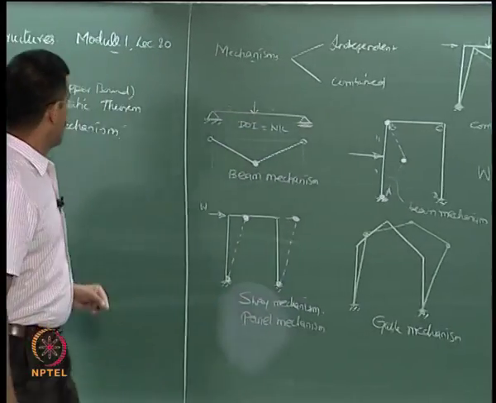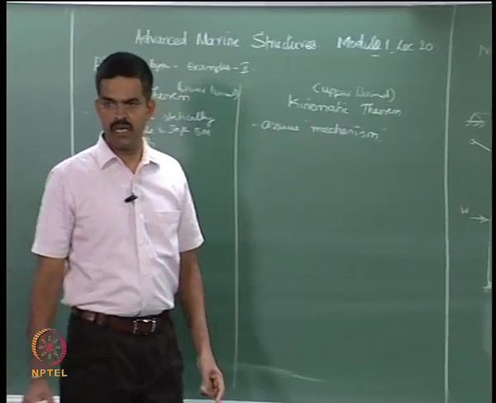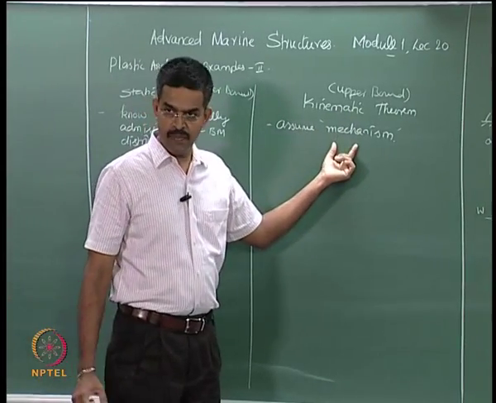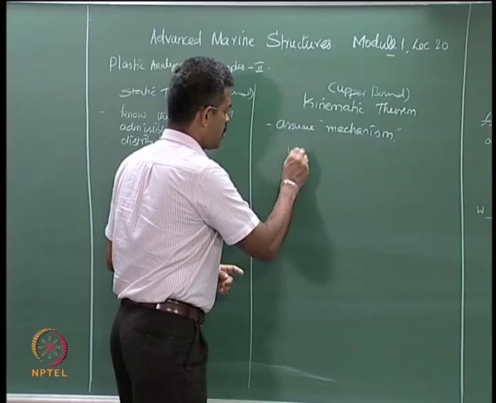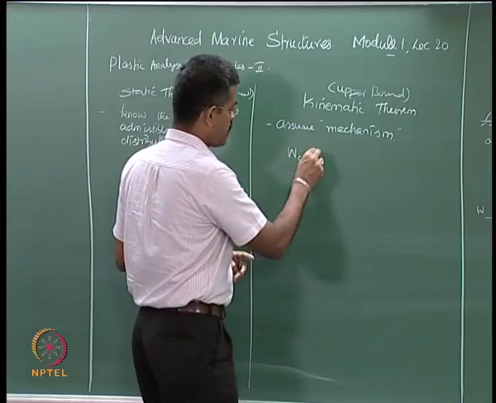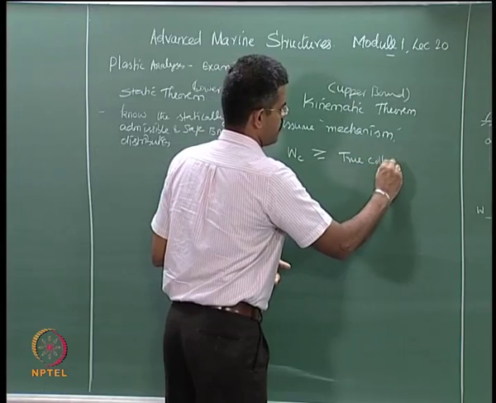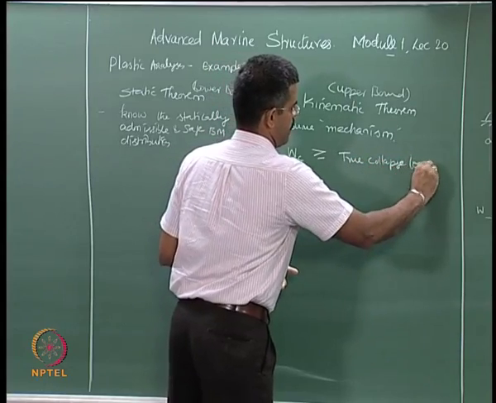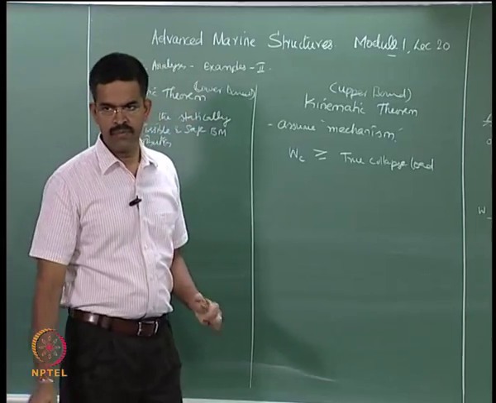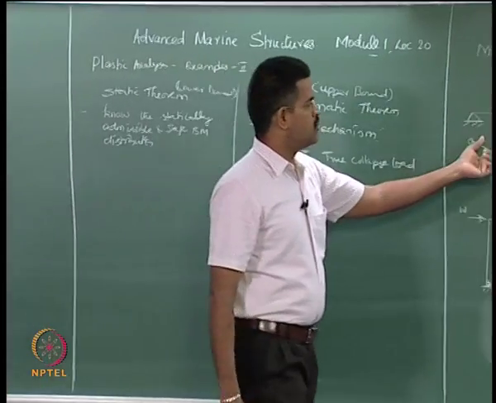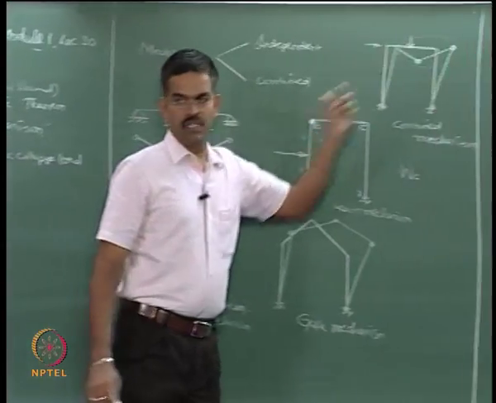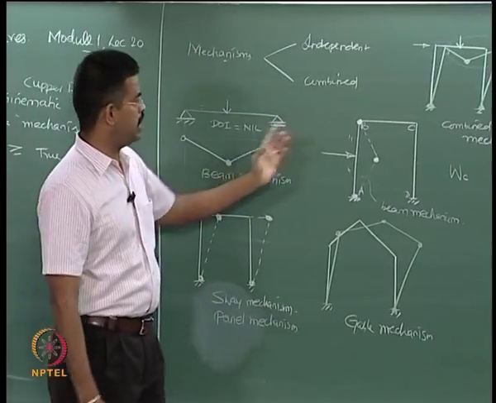Why? Because as far as the kinematic theorem is concerned, for an assumed mechanism you will always find the collapse load either greater or equal to the true collapse load, is it not? So let us say I get WC1, WC2, WC3, three collapse loads from three independent mechanisms.